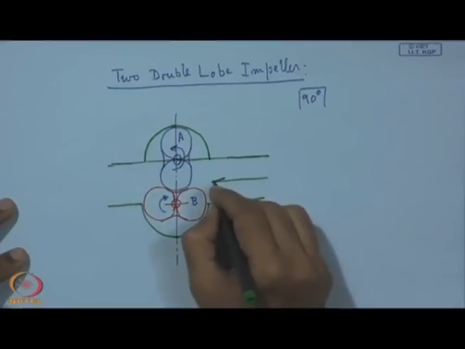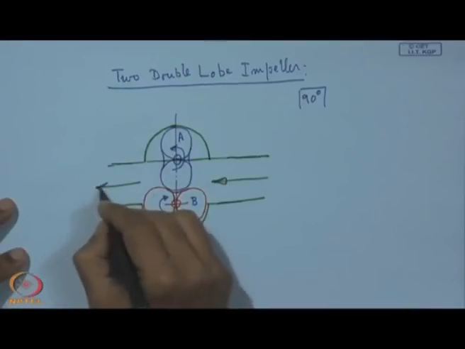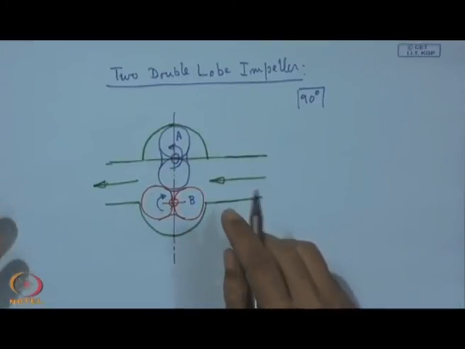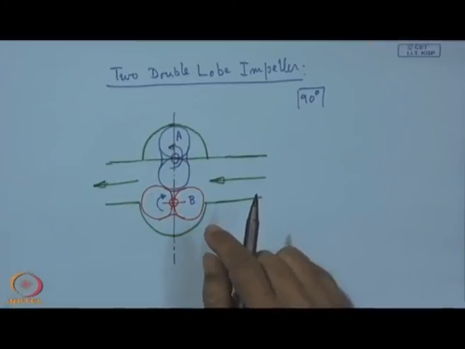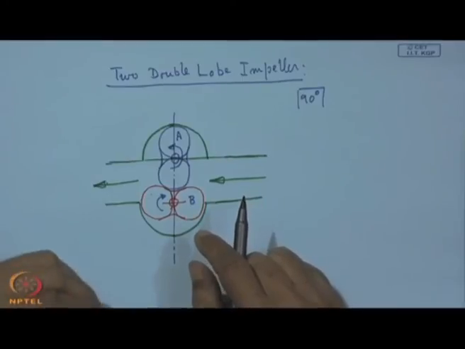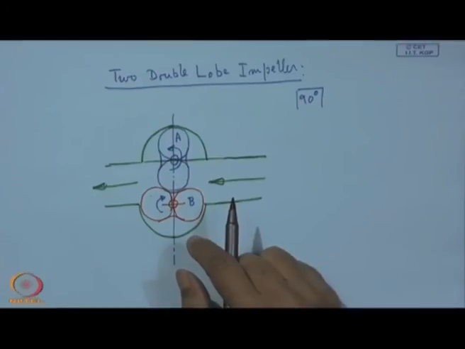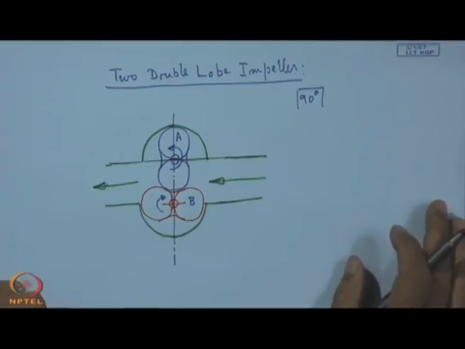So, this is incoming and this is outgoing. So, that is the roots pump, and they are driven by identical gears, so that they move with the same velocity in opposite directions and with a phase angle of 90 degrees.